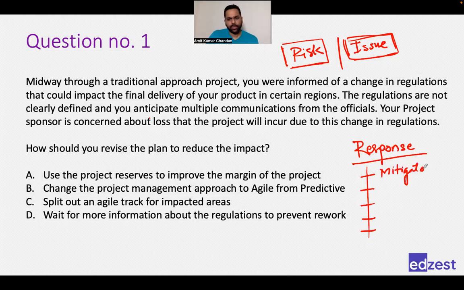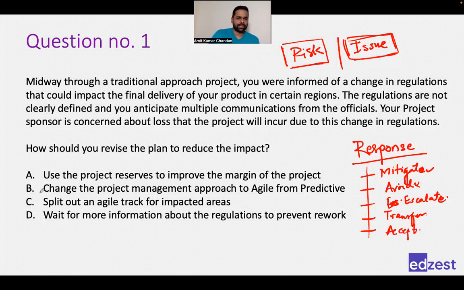Avoid. Okay, others? Avoid. Eliminate, reduce. Eliminate, which is avoid. Reduce, which is mitigate. Someone was saying escalate. Accept. Transfer. Escalate is there. Okay. Accept. Okay, perfect. Thank you, everyone.